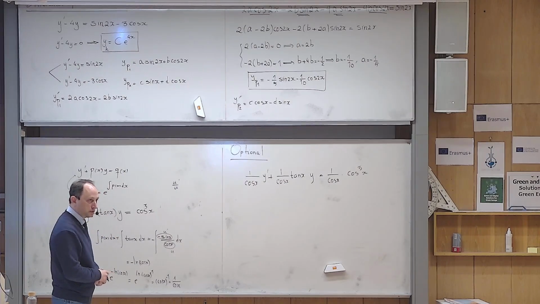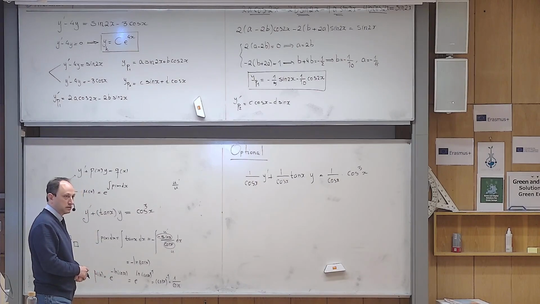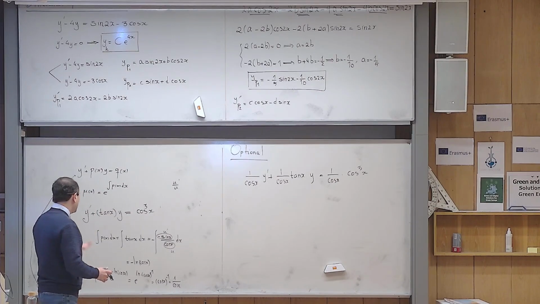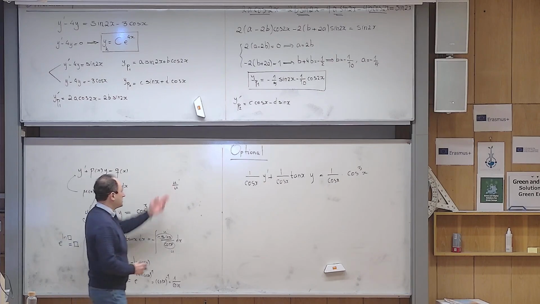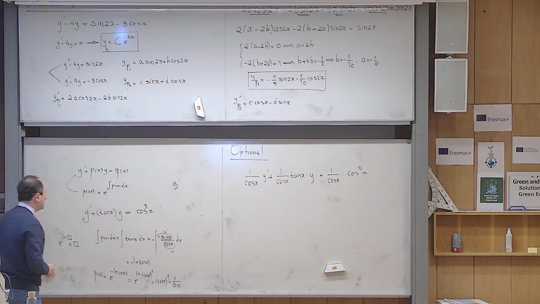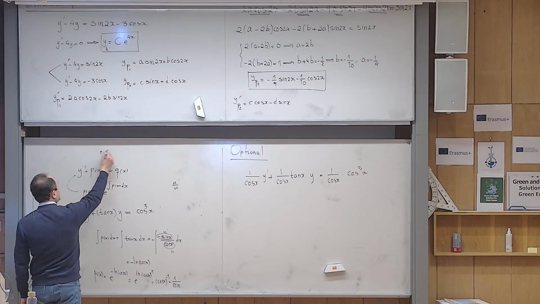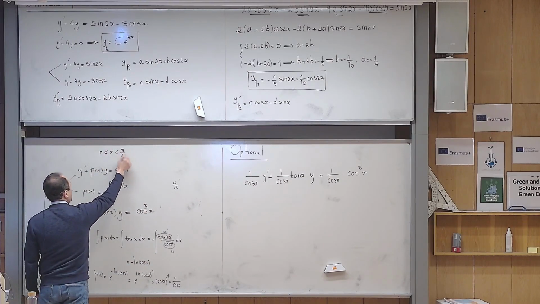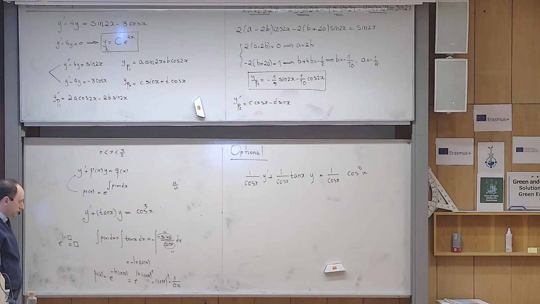Even this is not correct because this becomes ln of absolute value of u. But let us say that I want to solve this on this interval. That is a completely valid point.